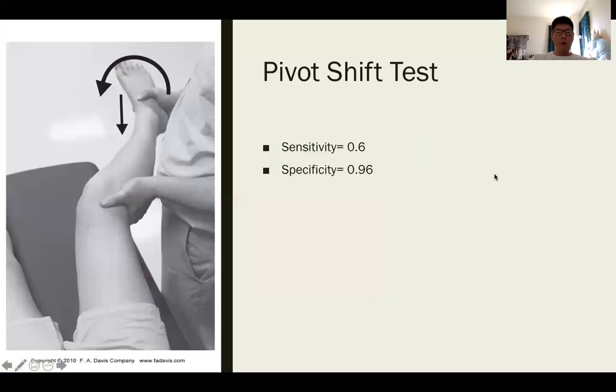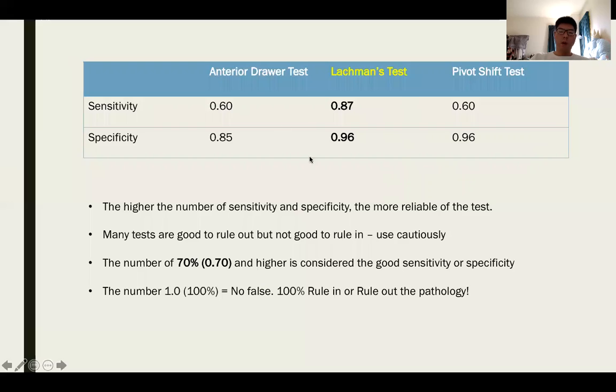And the next one, the pivot shift. If we summarize all this together, we can easily see that the Lachman test has the highest sensitivity and specificity compared with the pivot shift and anterior drawer. Even though the pivot shift has 0.96, the same as the Lachman, its sensitivity is a little bit lower.